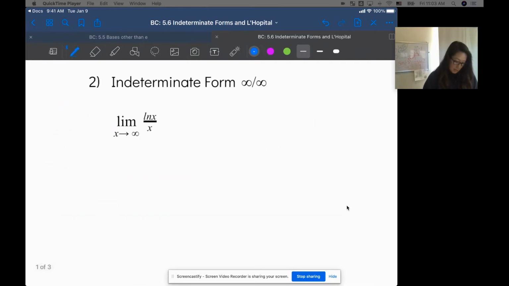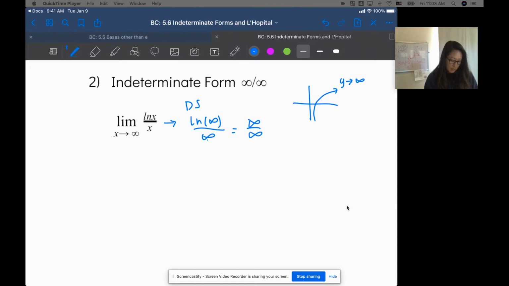Okay. All right, let's do this again. So direct substitution, I usually just write arrows here. Okay, so we're doing the limit of ln of x over x as x goes to infinity. So ln, remember it looks like that. So as x goes to infinity, y goes to infinity. So this is going to end up with infinity over infinity. That's an indeterminate form.